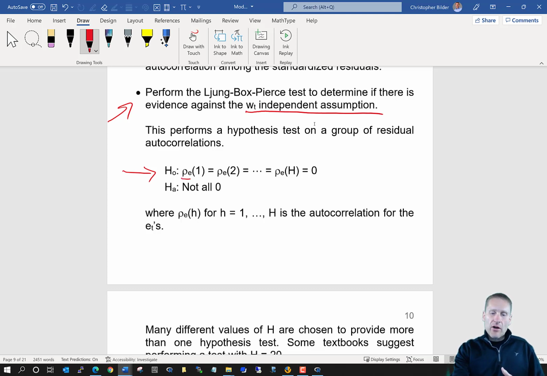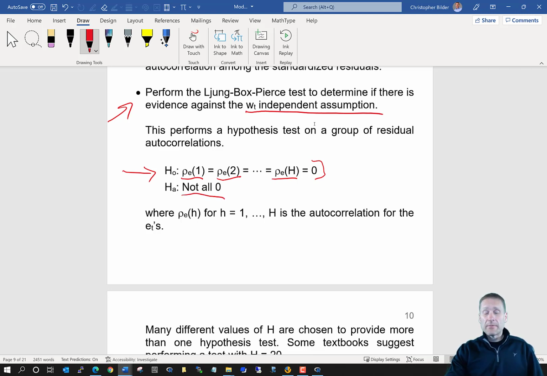And we look at the autocorrelation at lag 1, lag 2, up to, let's say, lag capital H, just to be general. And we're essentially doing an overall test. We're checking in the null hypothesis, they're all equal to 0, versus in the alternative, at least one is not equal to 0.